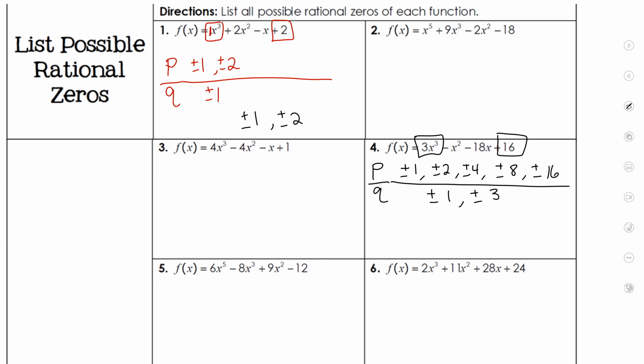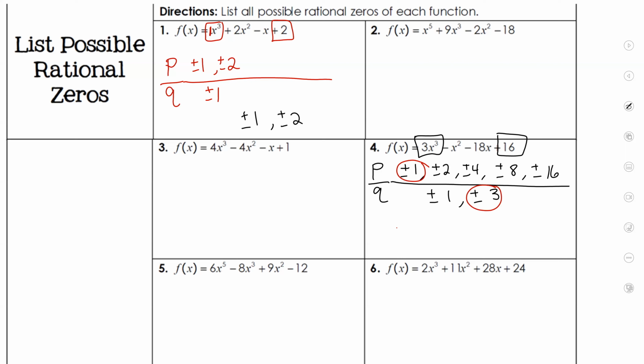Okay, so guys, let's go ahead and list the possible rational zeros. So your possible zeros, it can either be all of these numbers, right? Because all of these divided by 1 will just be the same thing. Okay, so all of those in the numerator are possible zeros. But also, let's think about this.